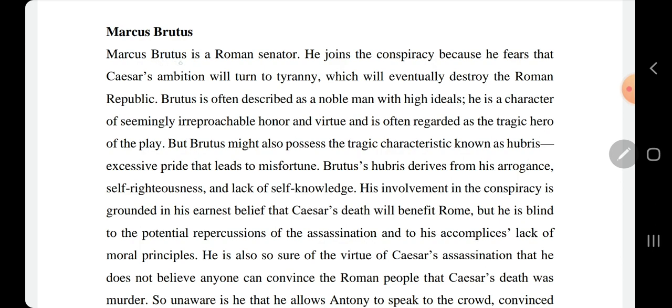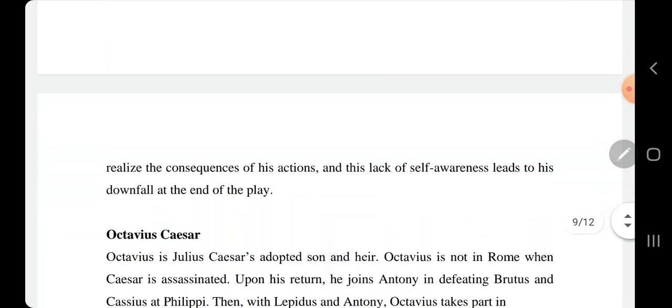And we will come to Brutus, and we will see how he killed Caesar and deceived him with the other conspirators.